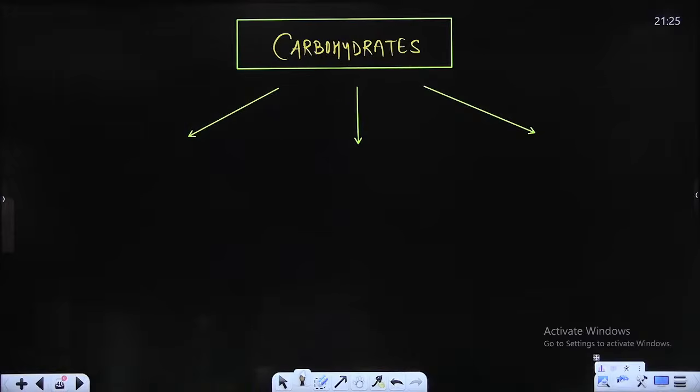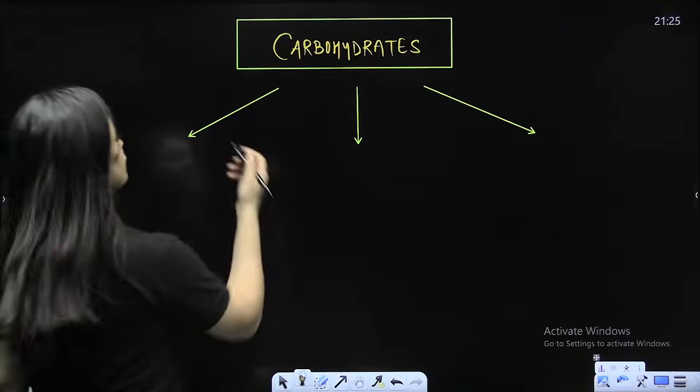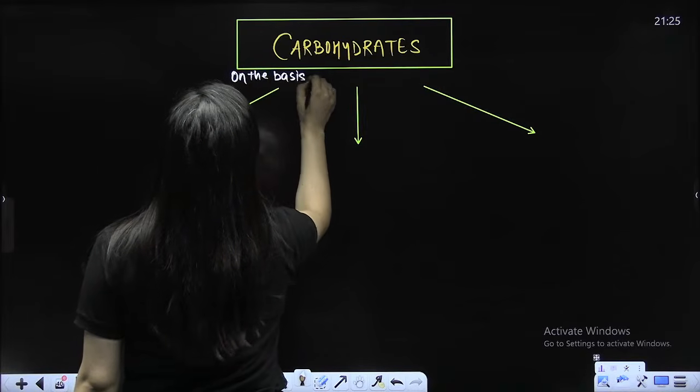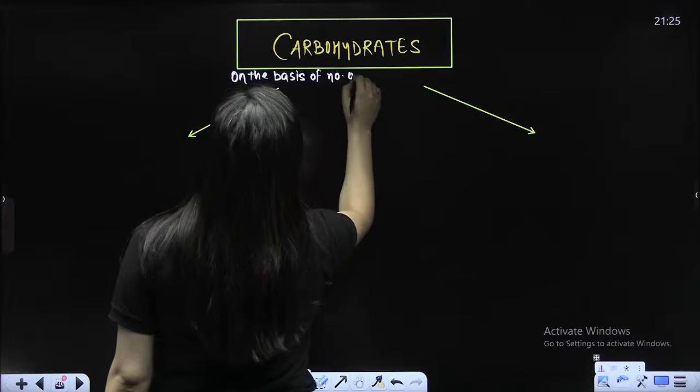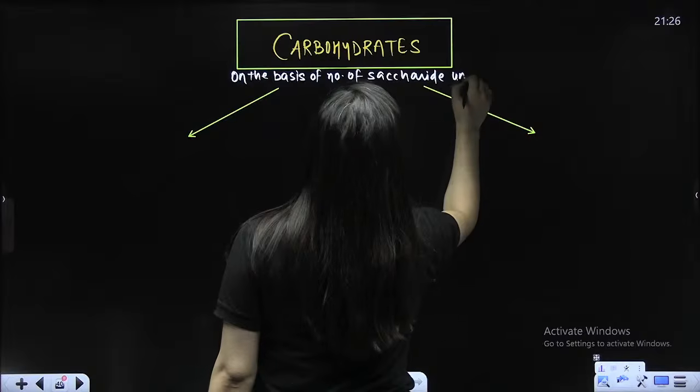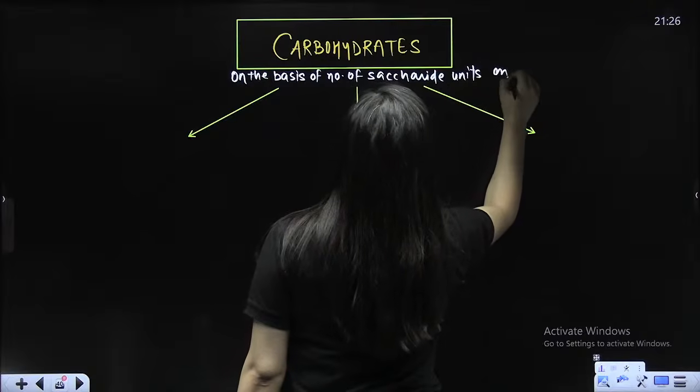Done, bacha? So let's talk about the classification of carbohydrates. It is on the basis of number of saccharide units, that is sugar, on hydrolysis.